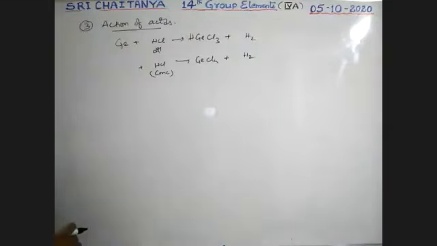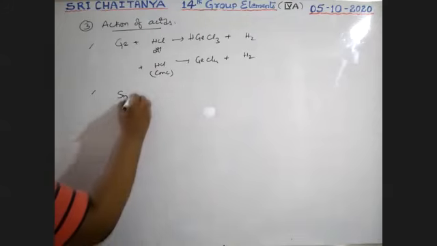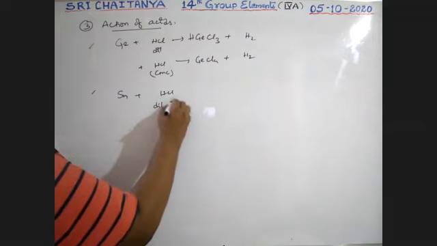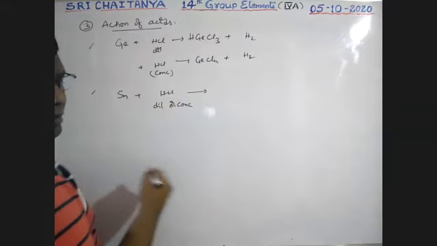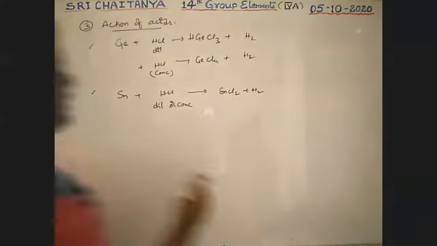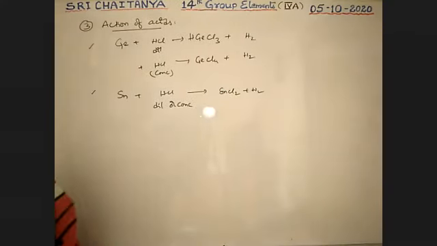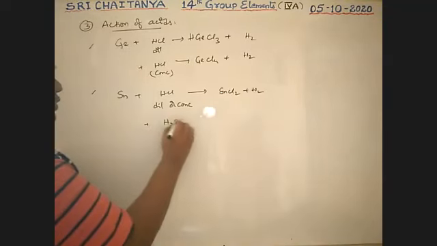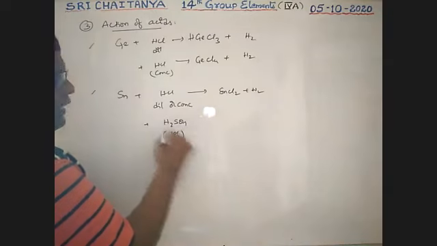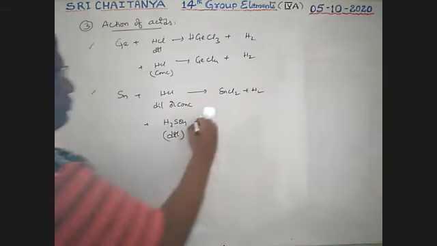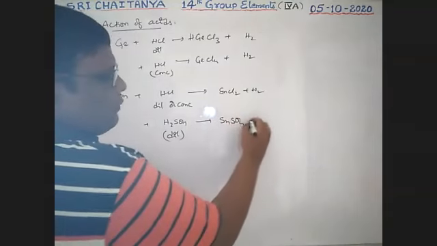Next, tin. Tin, when it reacts with HCl, either dilute or concentrated, gives SnCl2 plus H2. Please balance this. Next, when it reacts with dilute H2SO4, that gives SnSO4 plus H2.